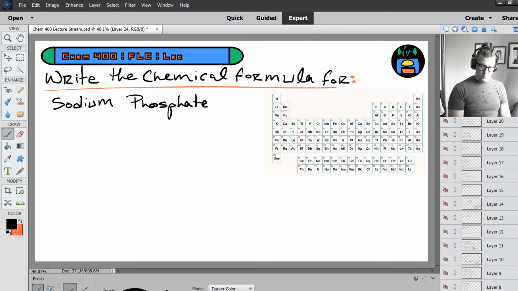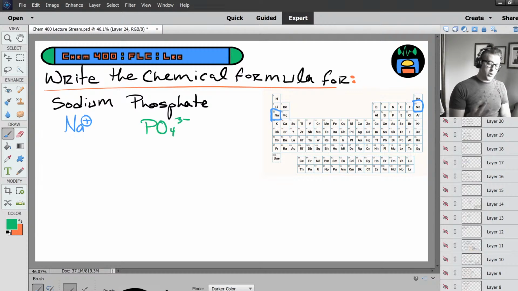And for this, we'll pull up our periodic table. Sodium is Na, its elemental symbol. Sodium has 11 electrons. It wants to be like neon. So sodium will have a cationic charge of +1. Phosphate is a polyatomic ion, so we don't look to the periodic table.